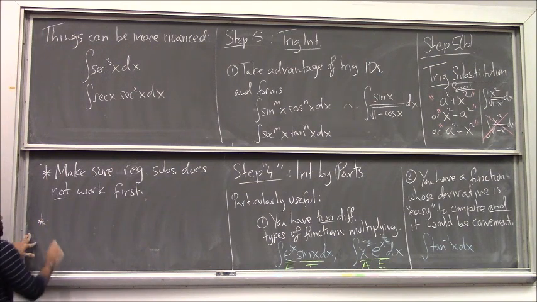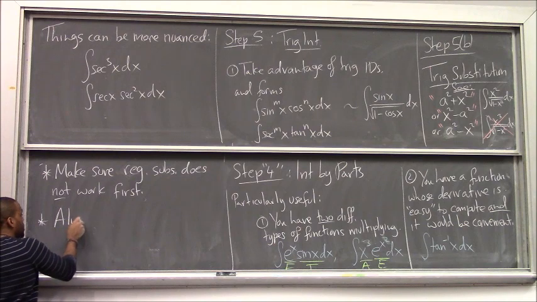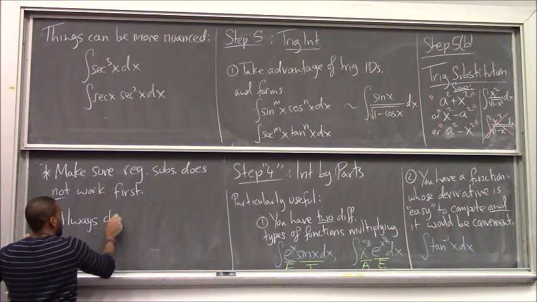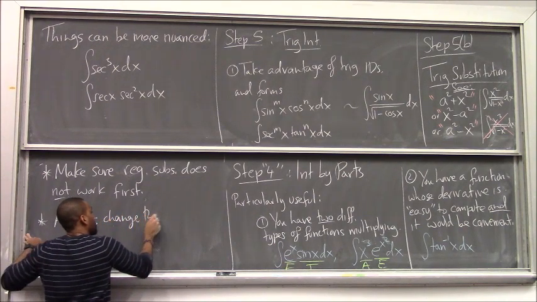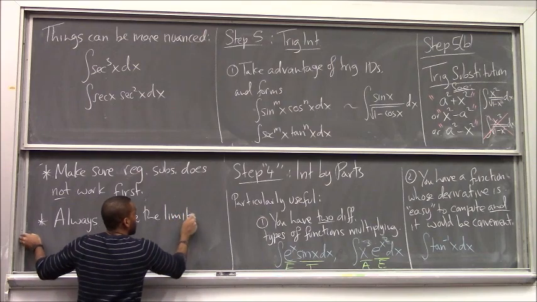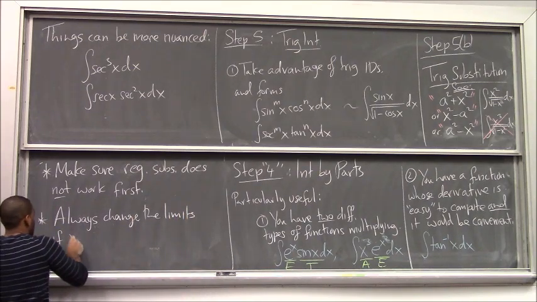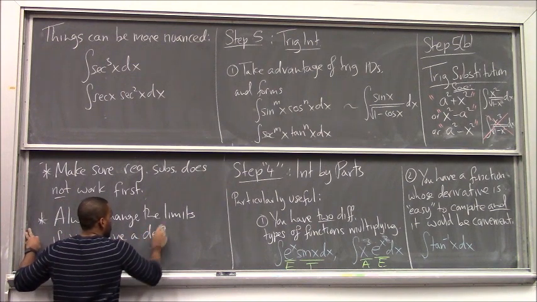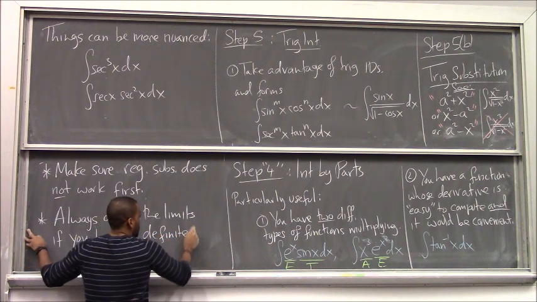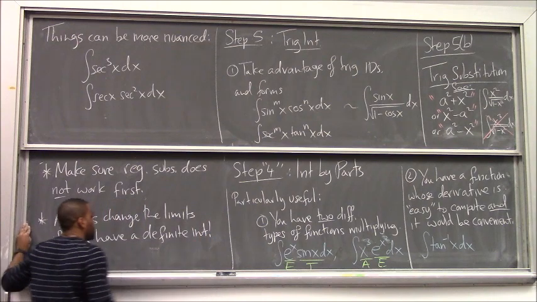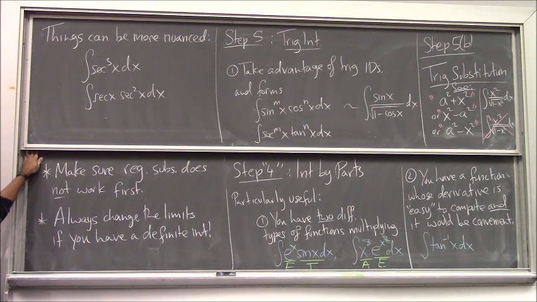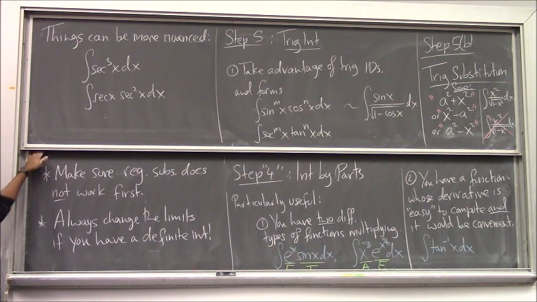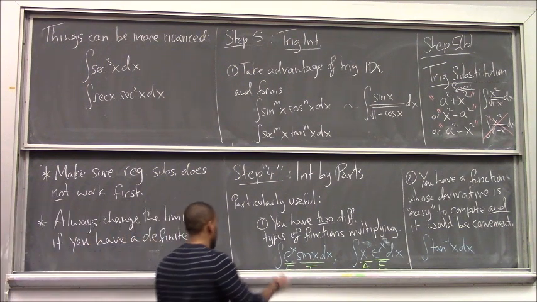Also, another thing I would mention with trig substitution is to always change the limits if you have a definite integral. So you save time on the back substitution phase, which can be quite annoying.